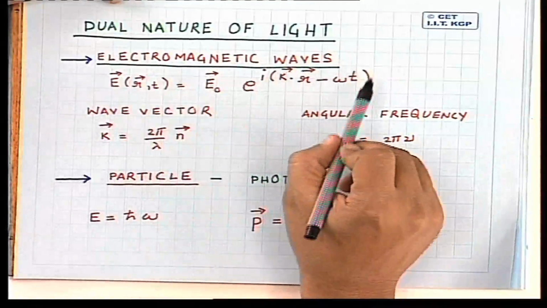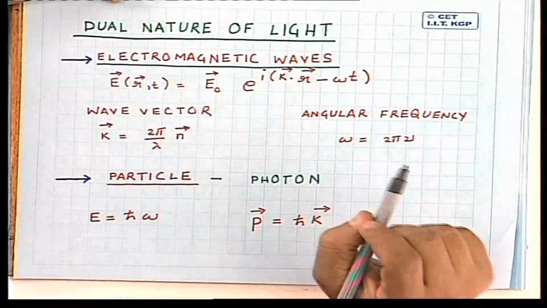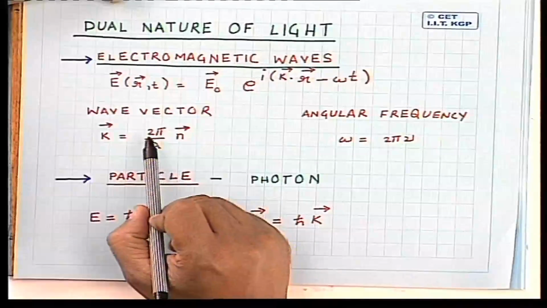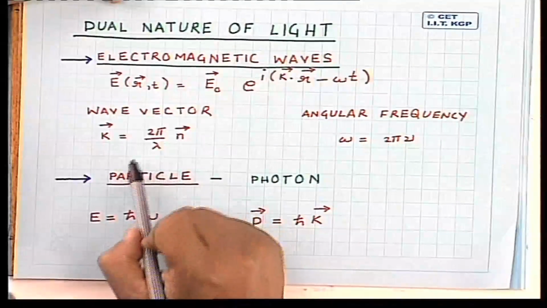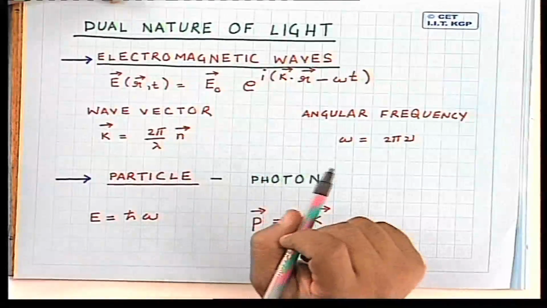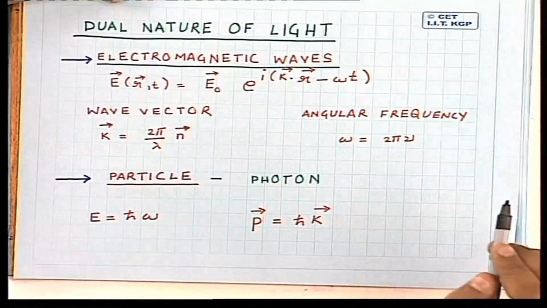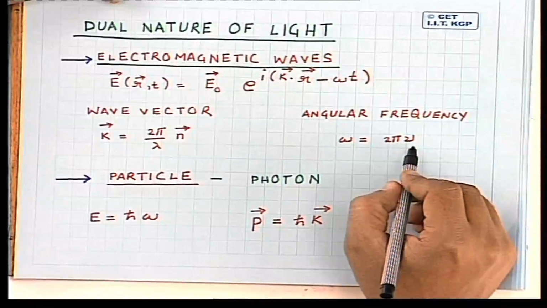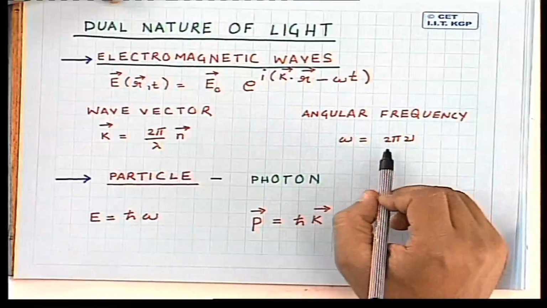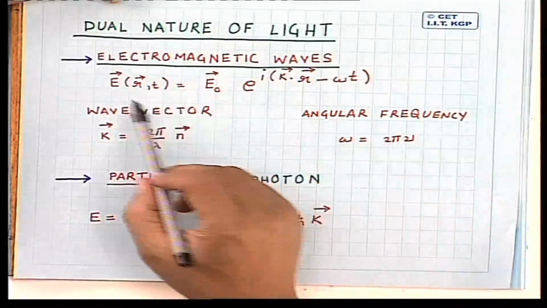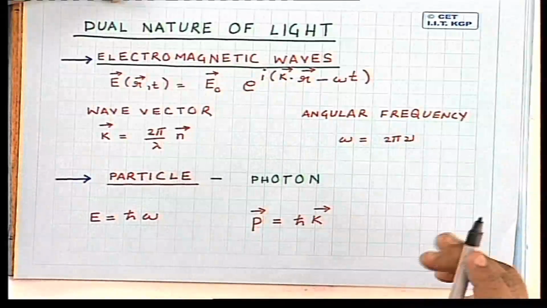This is a particular wave solution, a plane wave solution, described by a wave vector k, which is 2 pi divided by the wavelength times n, where n is a unit vector in the direction of propagation of the wave. The wave is also described by the frequency nu, or the angular frequency omega, which is 2 pi times the frequency. So, this is one aspect of the behavior of light.